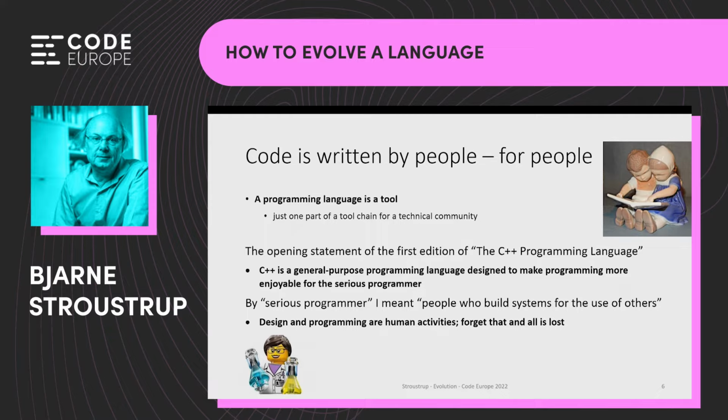And the opening statement of my first book that introduced C++ to a larger world, it's a general purpose programming language designed to make programming enjoyable for the serious programmer. By serious programmer, I mean people who write code that other people depend on. I'm very keen on dependability, on affordability, maintainability, reliability, all of these good things.